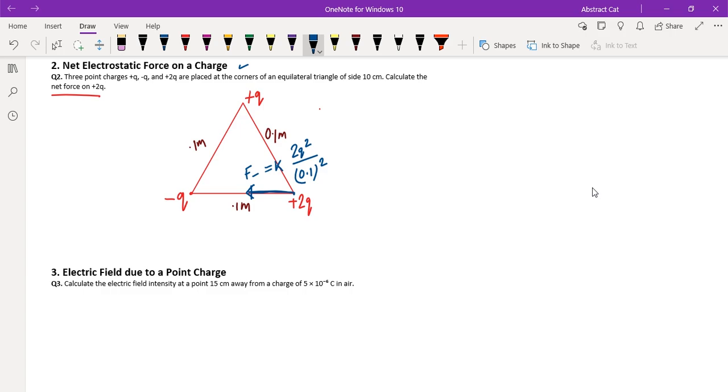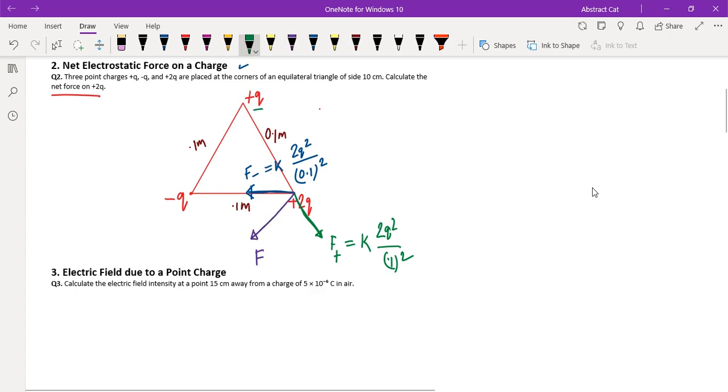And the other is plus Q and plus 2Q, both positive, so there is a repulsive force in that direction. That is F plus, which is K times 2Q square over 0.1 whole square. Now from vector algebra, we know the resulting force is in that direction.